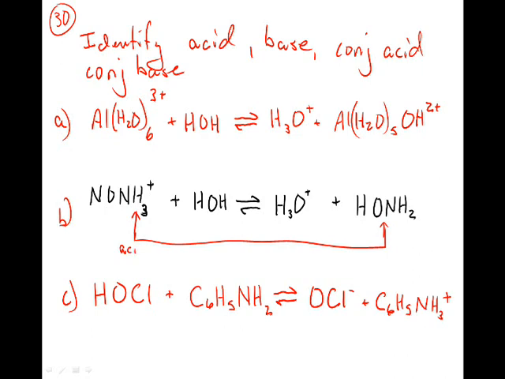So this then would be the acid because it's a proton donor, and this would be the conjugate base of that particular acid. So study that example, look at the examples in your book, and answer question 30.